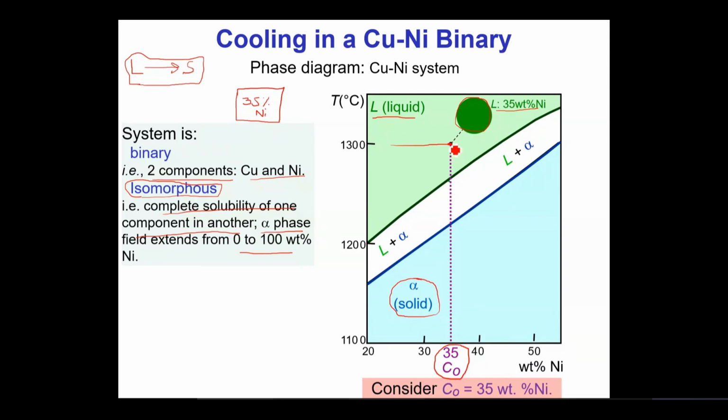Now, if I start to cool it down and I get to this liquidus boundary, when I reach this liquidus boundary at point B, I have liquid phase and alpha phase coexisting. Clear enough?